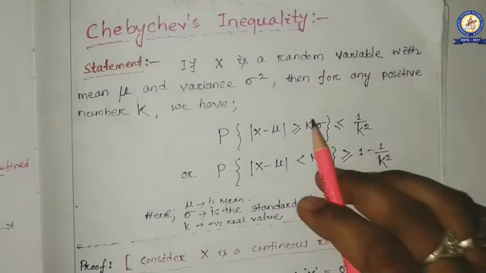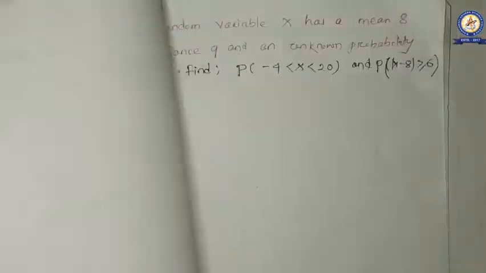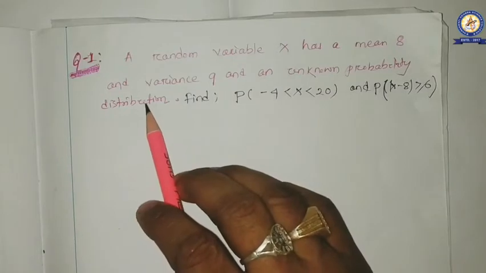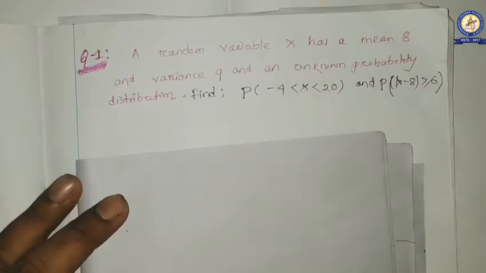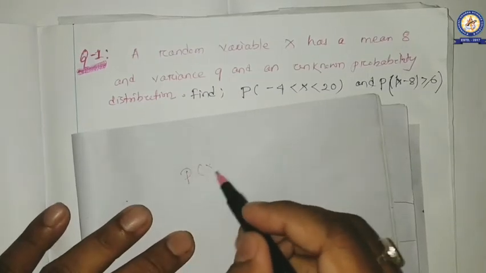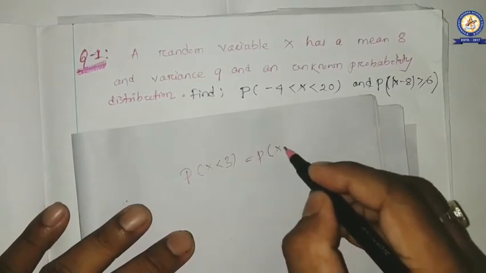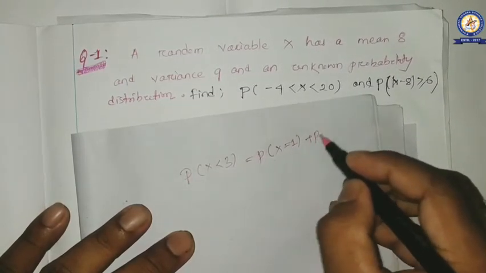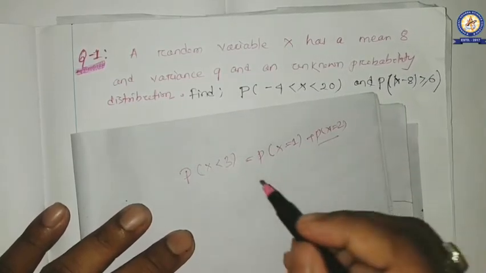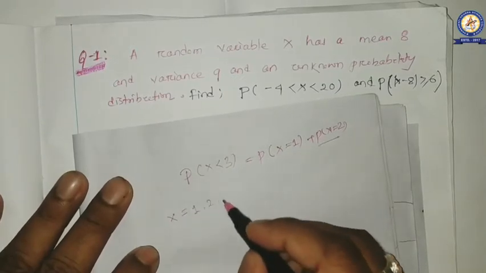This inequality or theorem is also useful to determine the probability for an unknown probability distribution. As we know, suppose probability of x less than 3, that means probability of x equal to 1 plus probability of x equal to 2, where the random variable takes values 1, 2, 3, 4, 5.